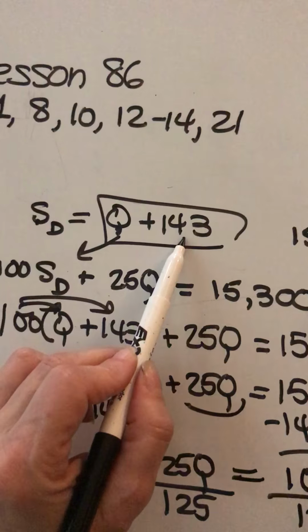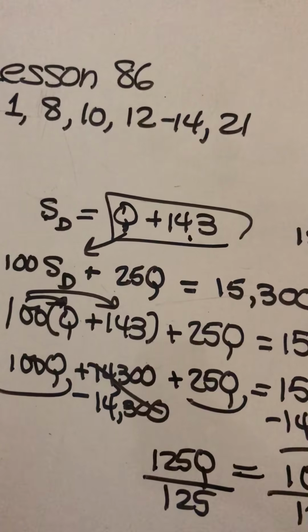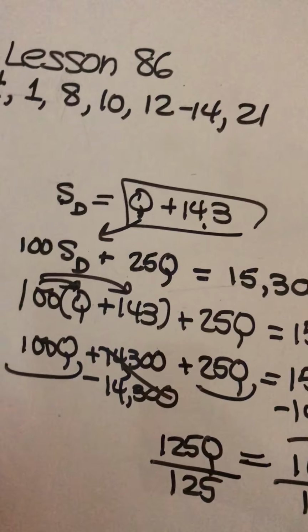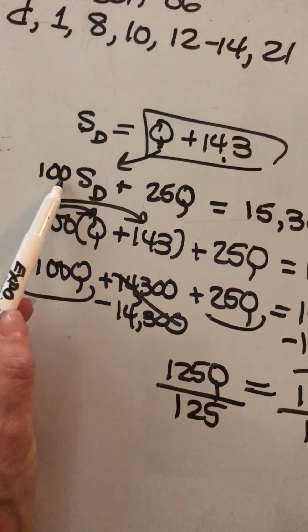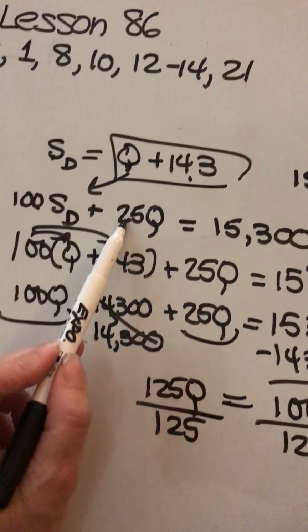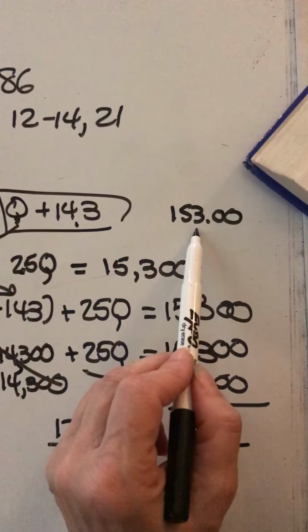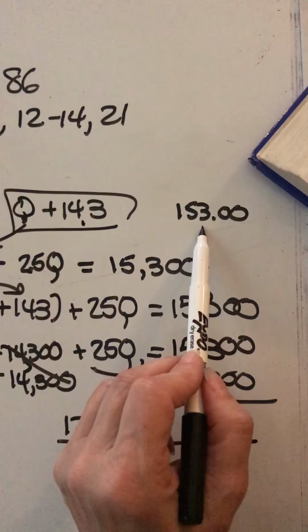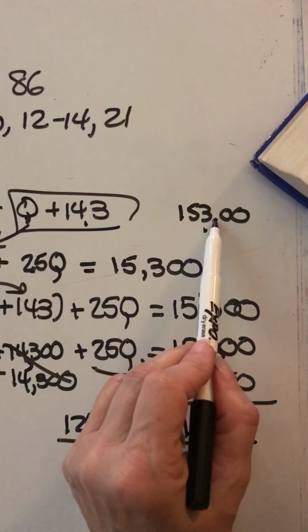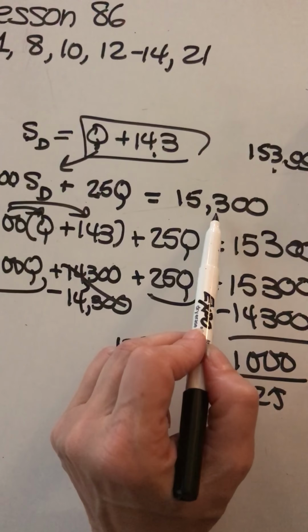Now it says the value of the coins was $153. So a dollar is worth 100 cents. Quarters are worth 25 cents. And I have a total of $153, but I have to eliminate the decimal because I'm talking about cents. So really it's 15,300 cents.